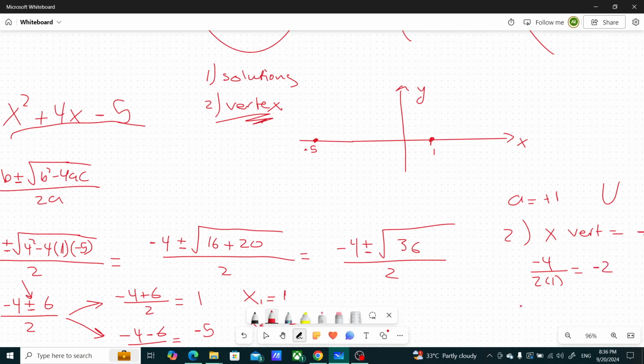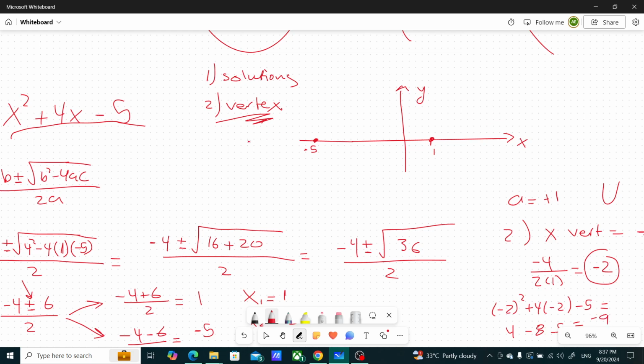And if I want the y component, I will substitute this x into my function. So it's going to be negative 2 squared plus 4 times negative 2 minus 5. This is going to equal 4 minus 8 minus 5; 4 minus 8 is negative 4, and negative 4 minus 5 is negative 9.